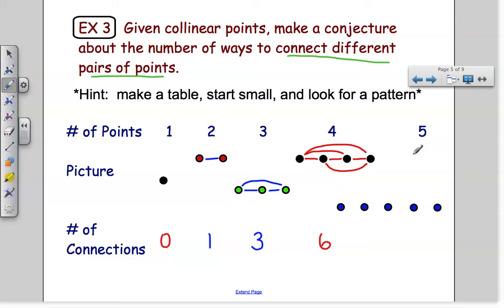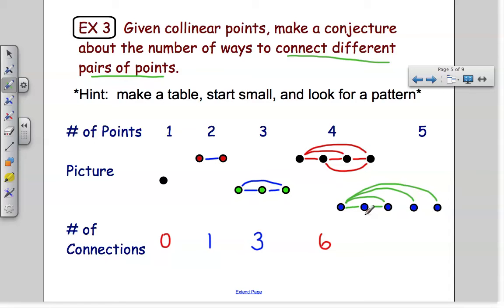And the trickiest one, how many different ways can I connect pairs of points with 5? The first one can connect with the second, or the third, or the fourth, or the fifth. That's 1, 2, 3, 4 connections. Then here I already connected with the first.